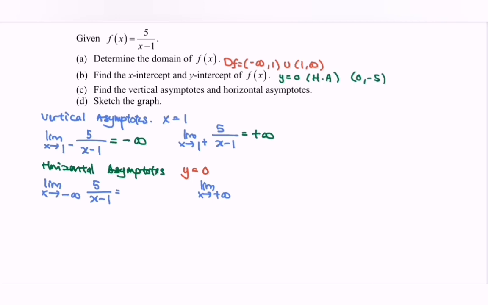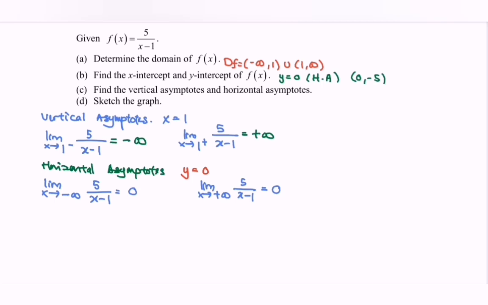By referring to the calculator, we will have the value approaching 0. Next, limit when x approaching positive infinity, let's say we have the value 1000. So 5 over 1000 minus 1. If we substitute, we will have the value approaching 0. So as we can see here, the horizontal asymptote is y is equal to 0.